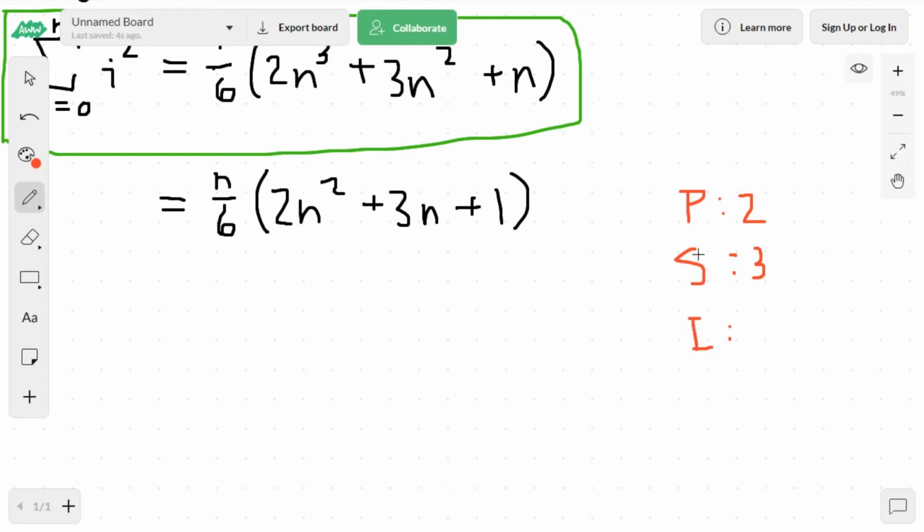So basically numbers that add to 3, multiply to 2. I'm thinking 2 and 1. Okay, so from here, got our n divided by 6. And then we're just going to break apart that 3n. We're going to make it 2n plus 1n because those are going to add up to 3n.